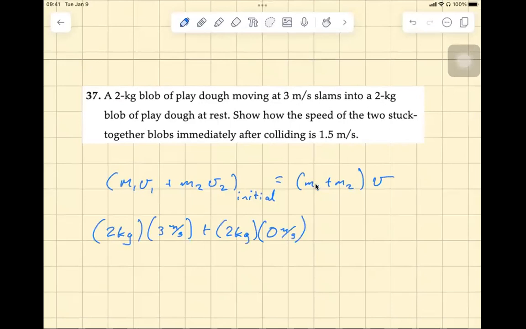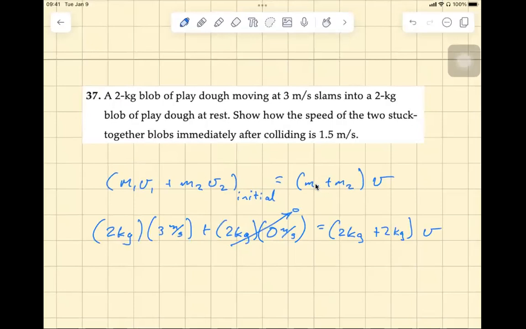So this whole thing is 0, and it's going to equal M1 plus M2, so that's 2 kilograms plus 2 kilograms times some final velocity. Oh, okay. They give us the answer, 1.5, and we're going to show you how to get it.